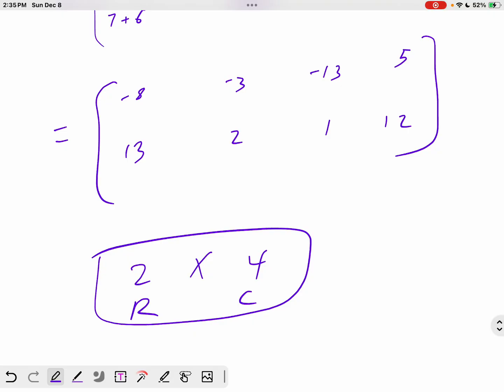Let's do one from your textbook. Then we talk about the square matrices. Let's see.